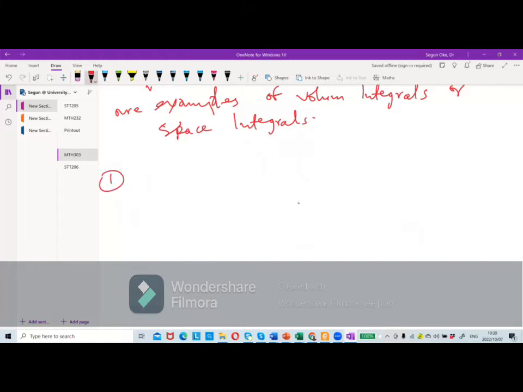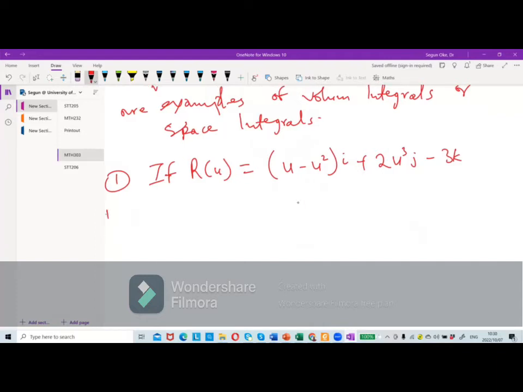Number one: if R of u is equal to (u minus u squared) i plus 2u cubed j minus 3k, the question says, find A, the integral of R of u du, and B, the integral from 1 to 2 of R of u du.